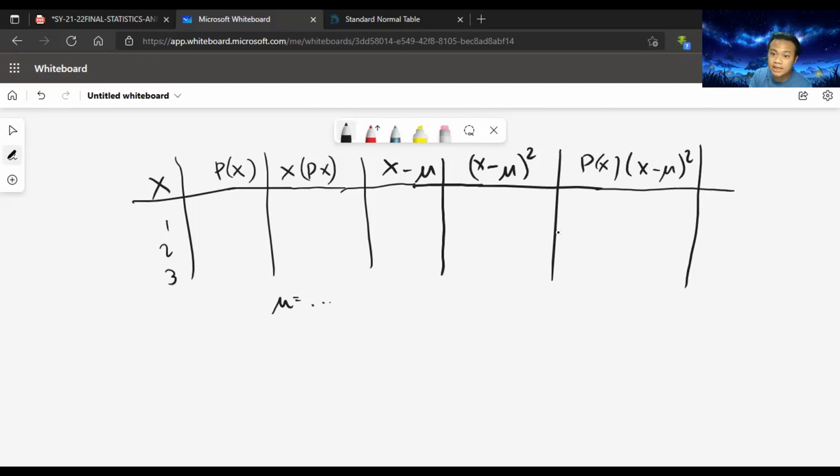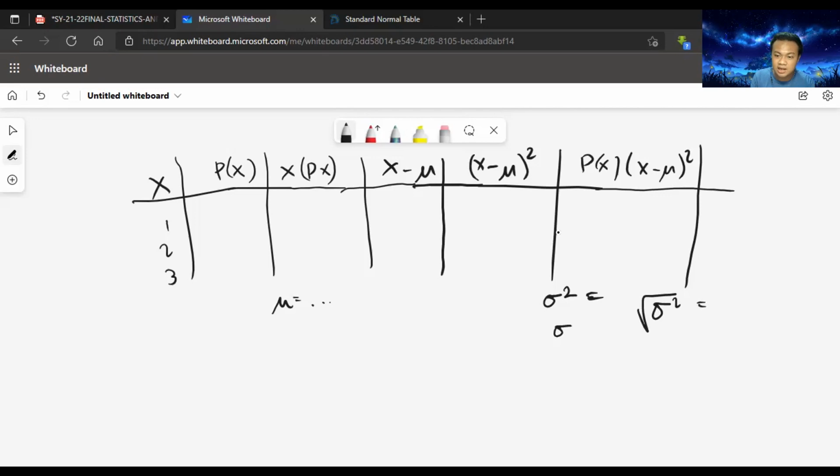Let's just denote it as sigma squared. That's the variance, sigma squared. And then to get the standard deviation, that's just sigma. So you just take the square root of sigma squared, which is the variance.